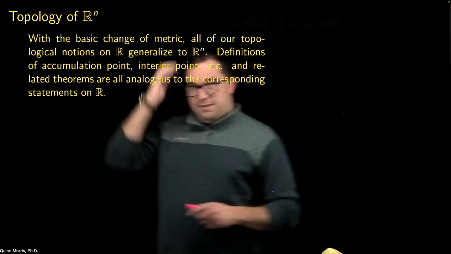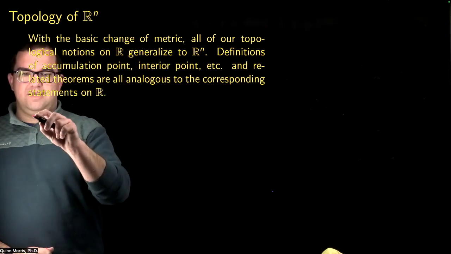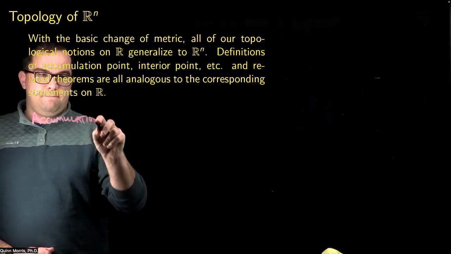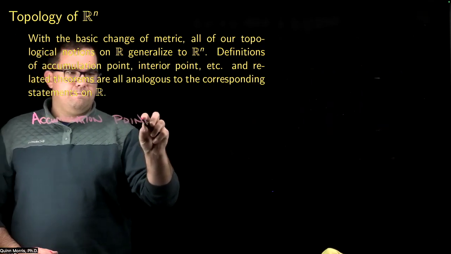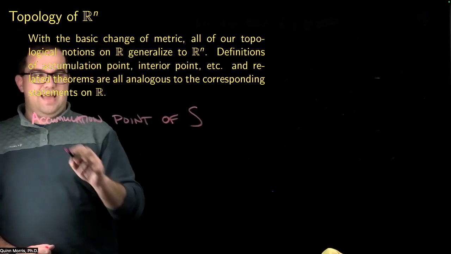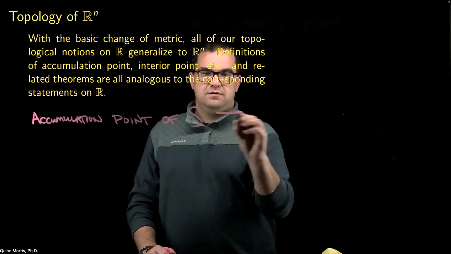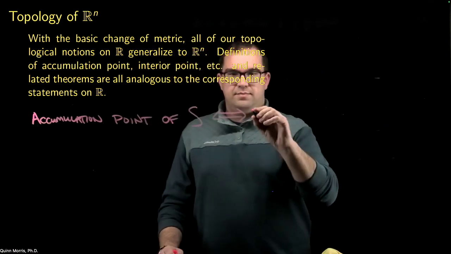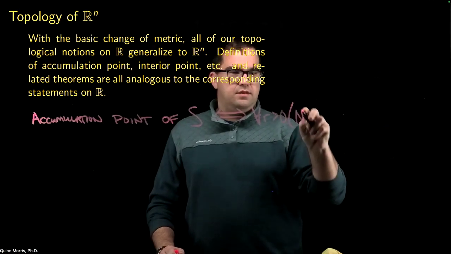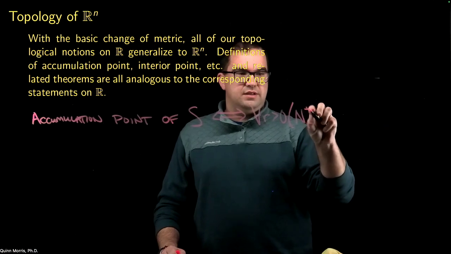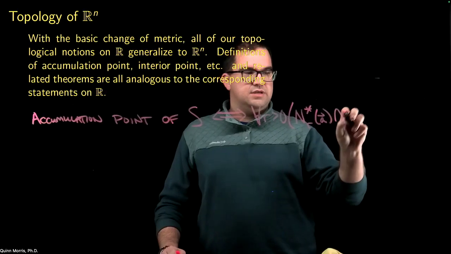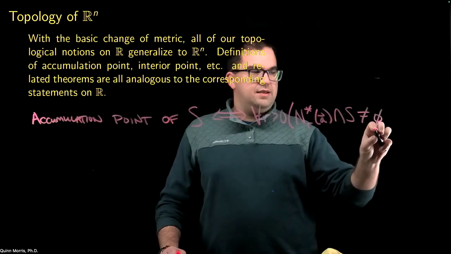So take, for example, we defined an accumulation point. We said a point A was an accumulation point of S if, for every R greater than 0, the deleted neighborhood of radius R around A intersect S was not the empty set.